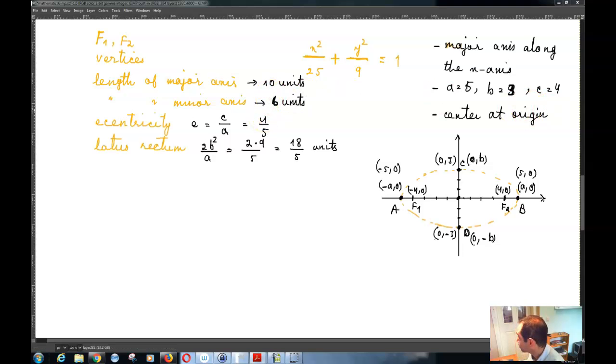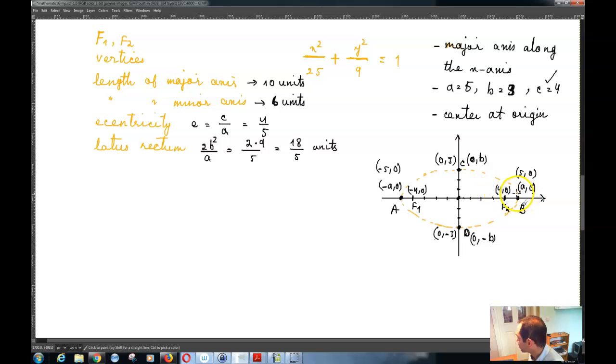So if I read along it says that since the denominator x squared by 25 is larger than the denominator y squared by 9, the major axis is along the x-axis. Comparing the given equation with this, we will get a is equal to 5, b is equal to 3, so c is equal to 4, which is correct. Therefore, the coordinates of the foci are 4, 0, -4, 0.